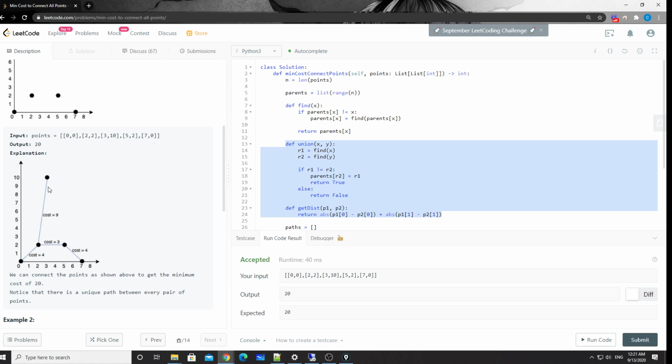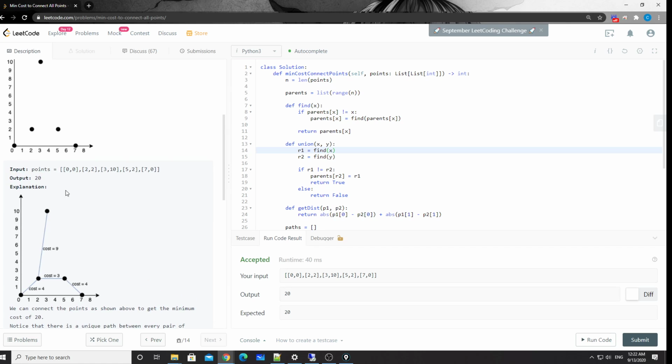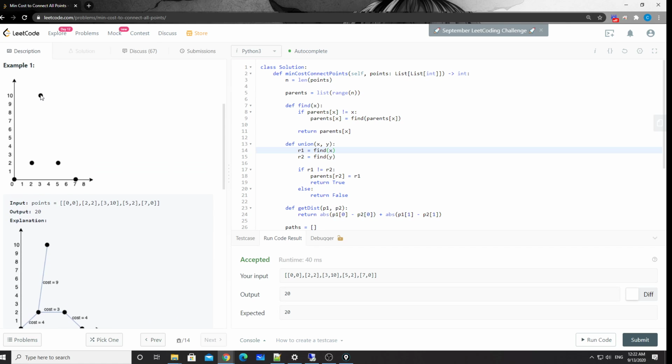It's as if we were doing the union find, but with a cost for each union. That's the nature of this problem. So next time you see a problem that asks you to connect different points or components, try to use the union find.